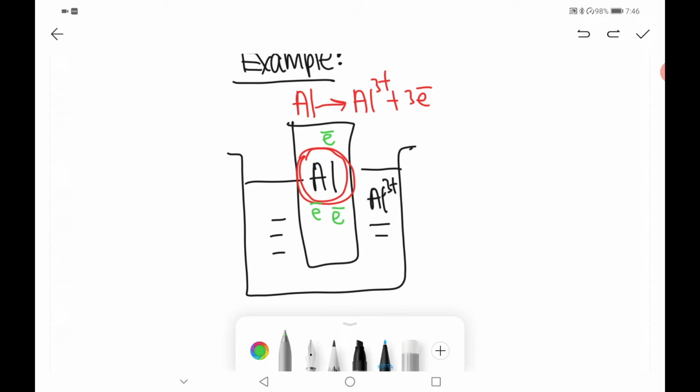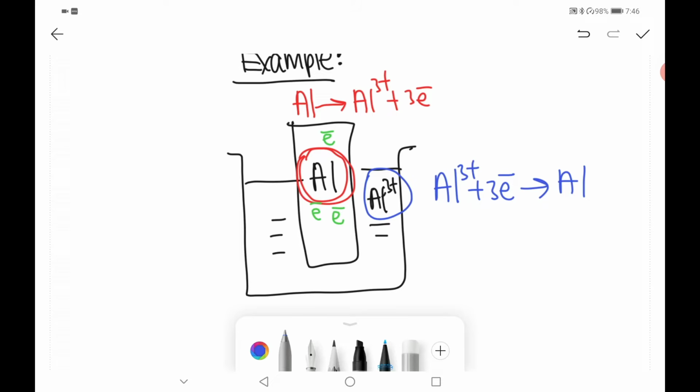Then at the same time, the aluminium ion in the solution will come over to take away all these electrons. The electrons donated by the aluminium metal will be received by the aluminium ion in the solution. So the aluminium ion in the solution will receive electron to become aluminium metal again. Here you can see two processes.